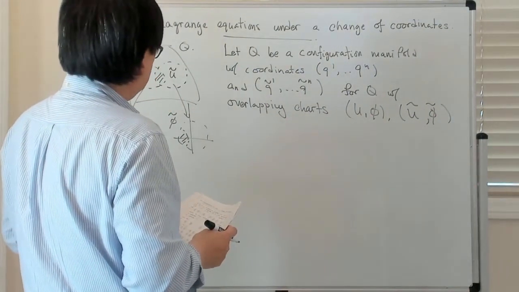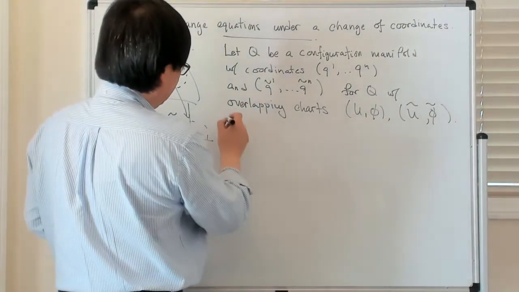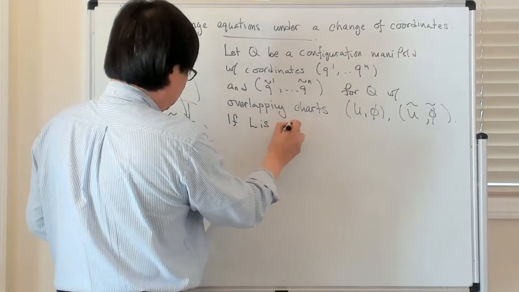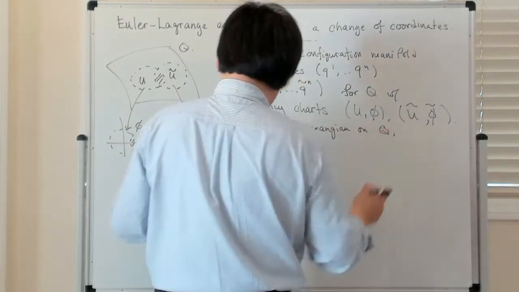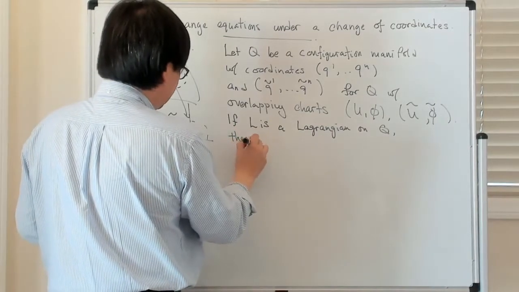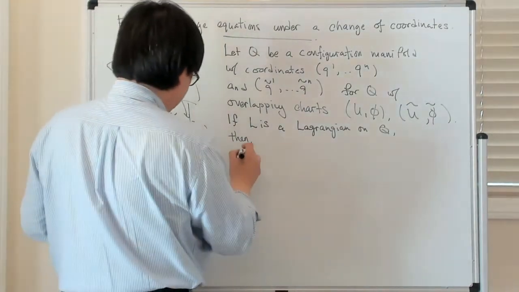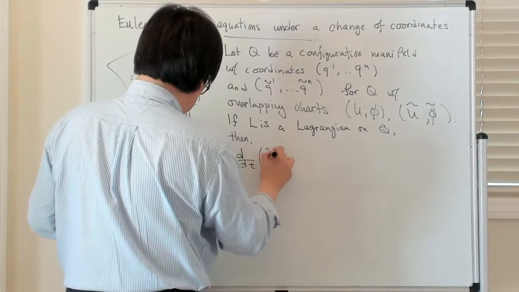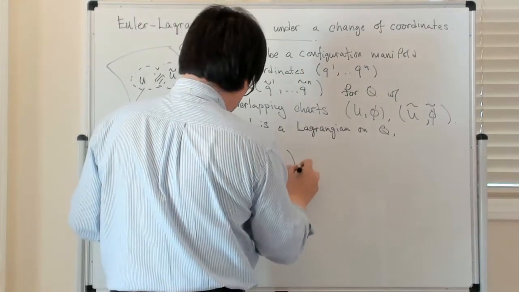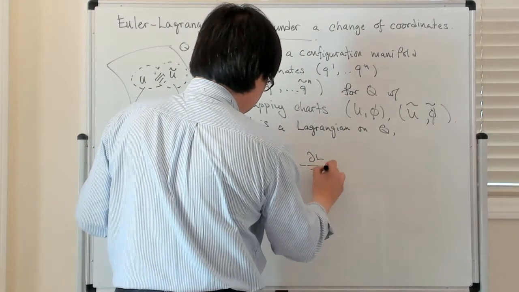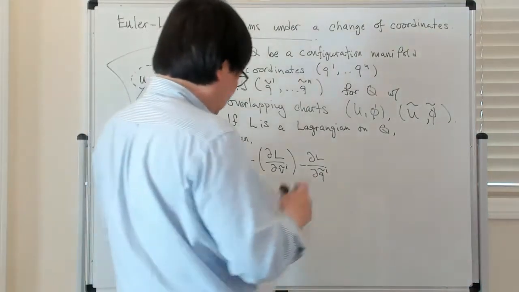Okay, and so what you want to show is that if L is a Lagrangian on Q, then the claim is the following: the term which vanishes in the Euler-Lagrange equations, d/dt ∂L/∂v tilde i minus ∂L/∂q tilde i, is related to the expression in the other coordinate chart in the following way.